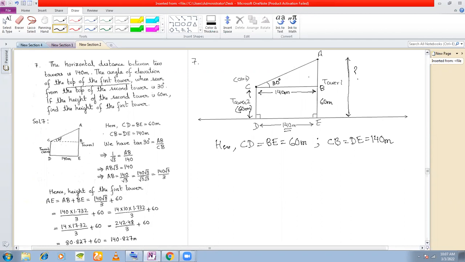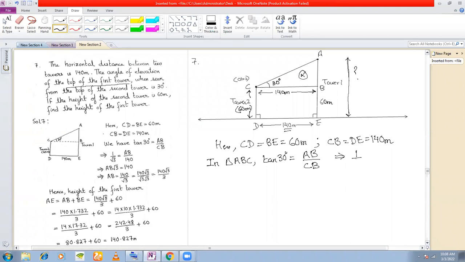Now I look at this right angle triangle, ABC. What do we know in this triangle? In this triangle, if you use tan 30, you have AB by CB, right? You know the length of CB. You can find out the length of AB. So let's proceed to find out the length of AB.